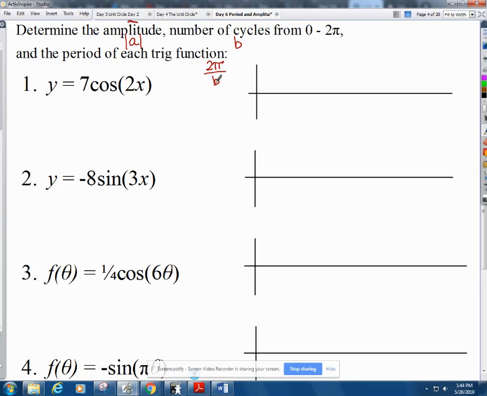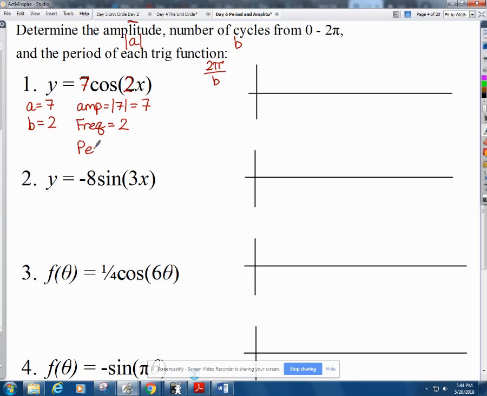So first I'll help you with number 1. A is 7 and B is 2. Your amplitude is going to be the absolute value of 7, which is just 7. The number of cycles or frequency is equal to 2.